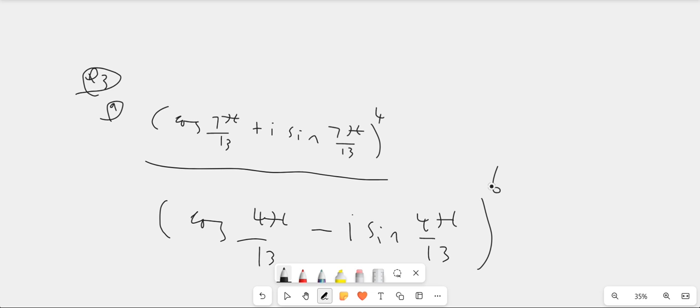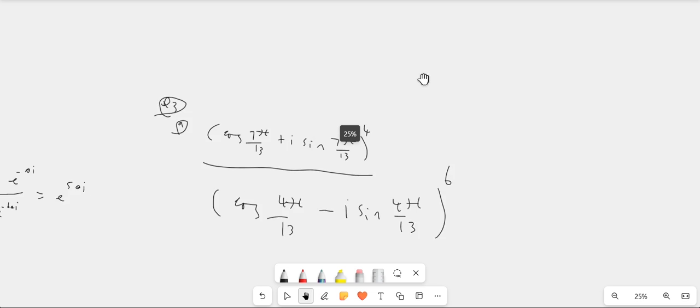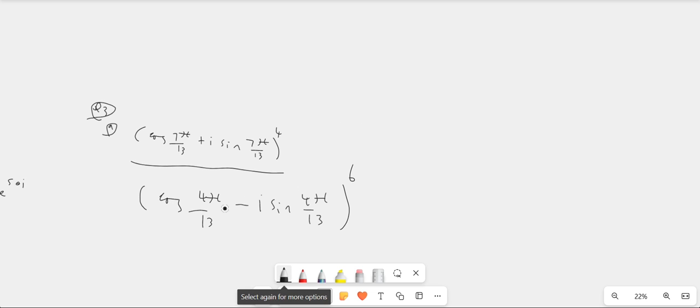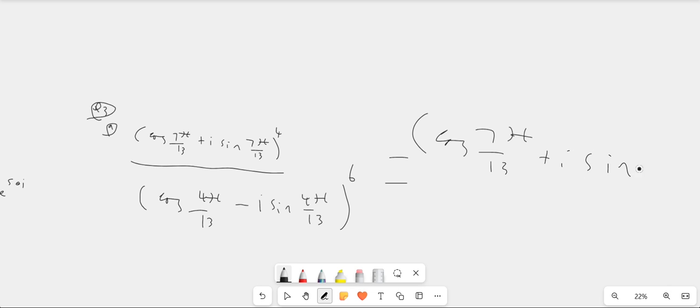Alright, so obviously, negative's going to go inside, and negative's going to be here. It equals, of course, cos 7 pi over 13 plus i sine 7 pi over 13, to the power 4, over cos 4 pi over 13, but negative.